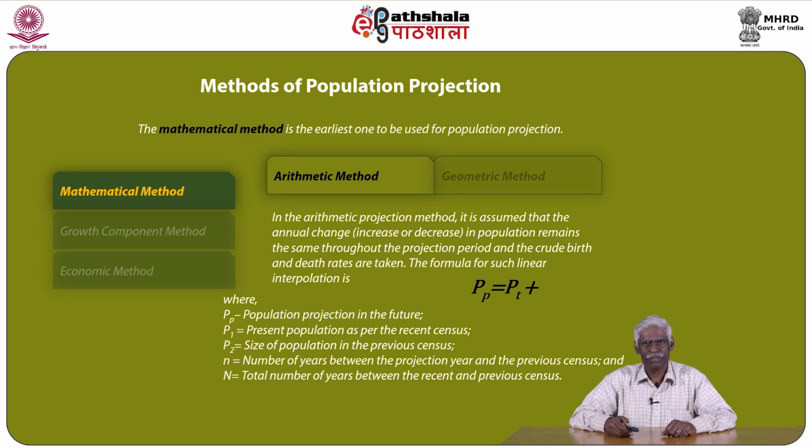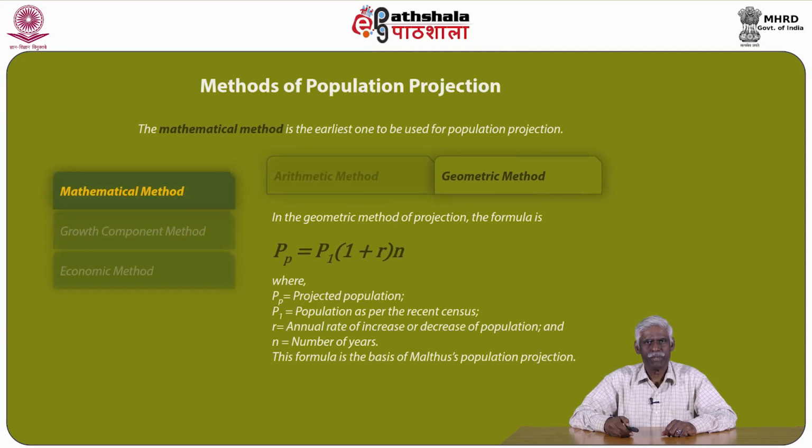The formula for such linear interpolation is P_p = P_1 + (n/N)(P_1 - P_2), where P_p is the population projection in the future, P_1 represents present population as per the recent census, P_2 is the size of population in the previous census, n refers to number of years between the projection year and the previous census, and capital N is the total number of years between the recent and previous census. Based on this, the projections can be carried out.